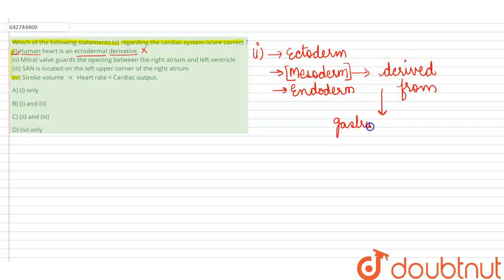During gastrulation, three components are formed from the mesodermal layer: the mesothelium, the endothelium and the myocardium.